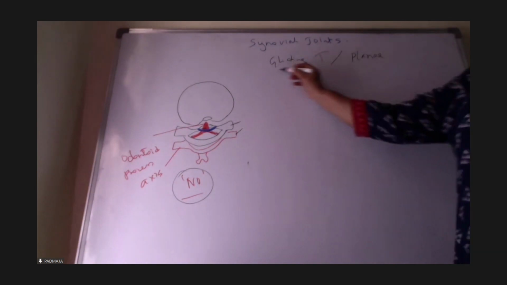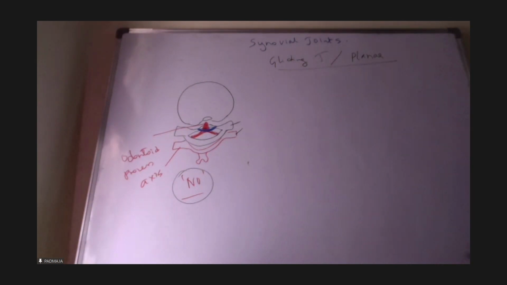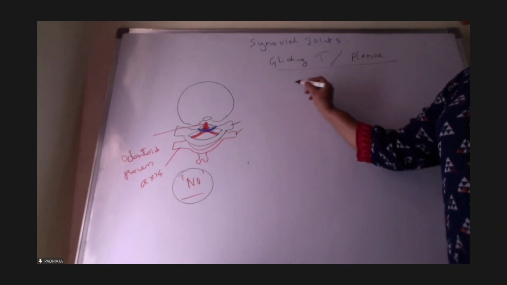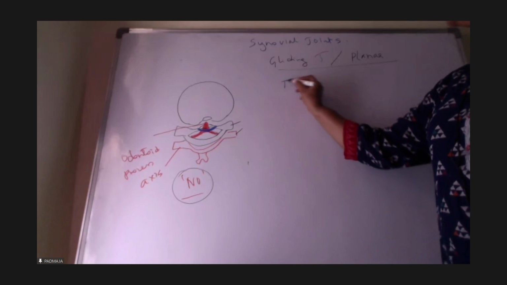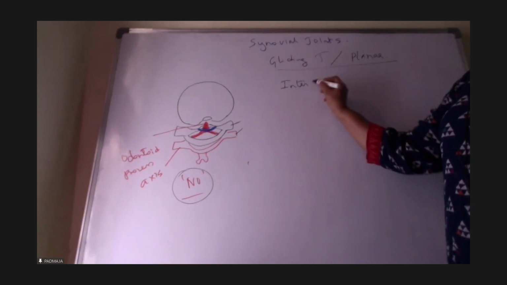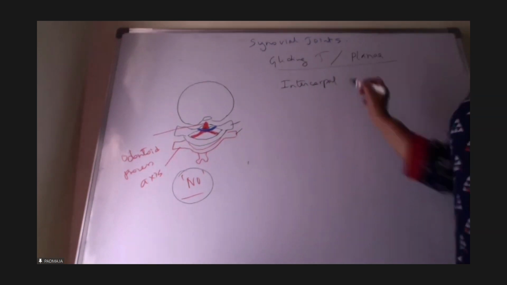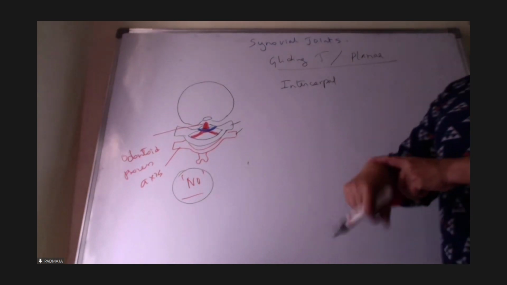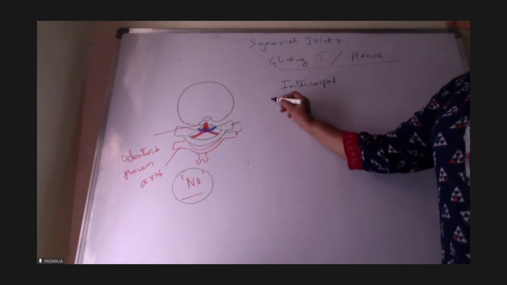So where you could see this, of course, this also allows restricted movements. Among carpals, intercarpal means movement between carpals.